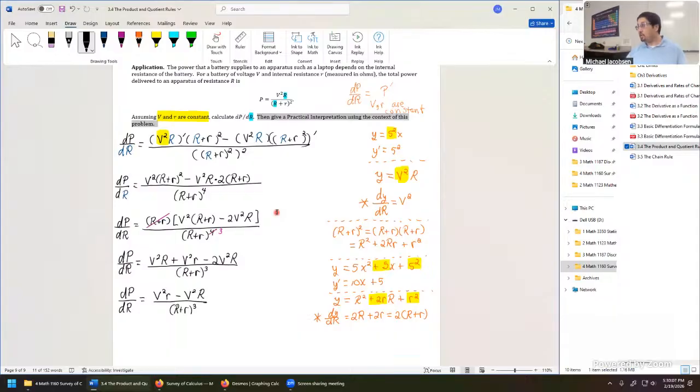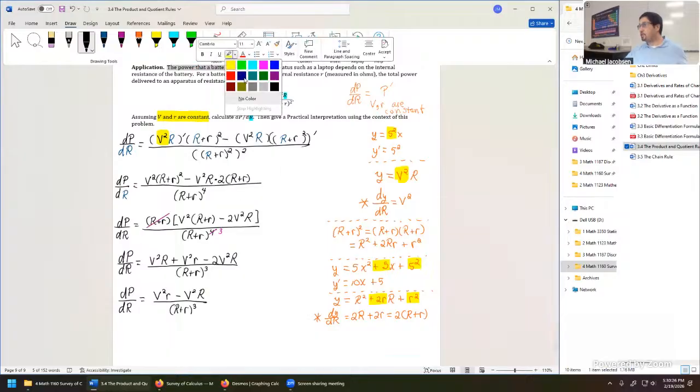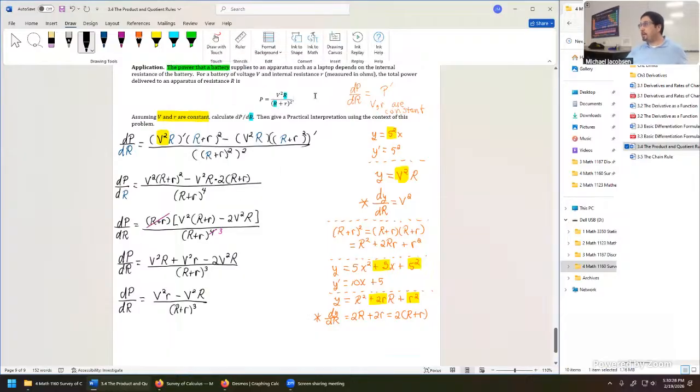Okay, well, let's take a look into what the interpretation should be. We should read the context again just so we can orient ourselves on what the interpretation should be for that particular derivative. It says the power that a battery supplies. When they refer to a power, they're talking about this P right here in the problem.